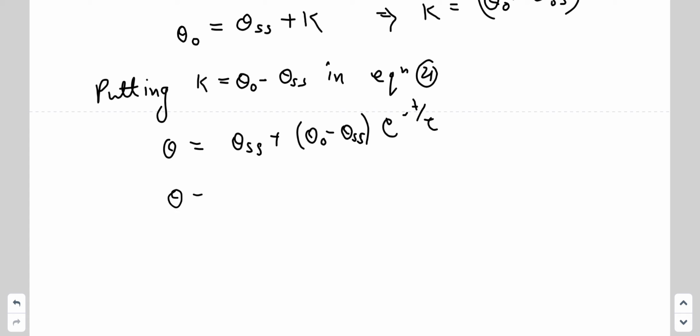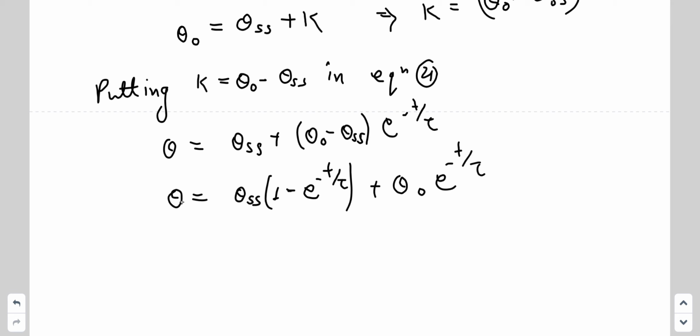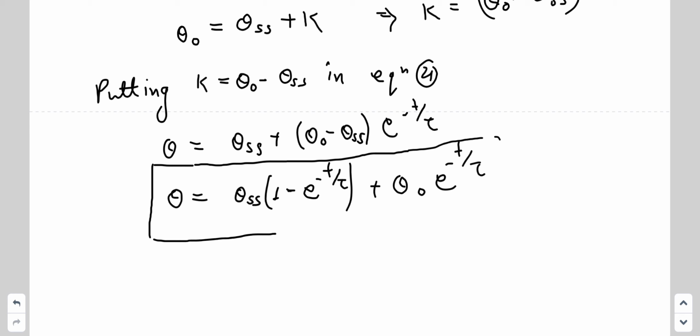Simplify it: theta is equal to theta SS (1 minus e to the power minus T by tau) plus theta naught e to the power minus T by tau. So this is the temperature rise for heating.